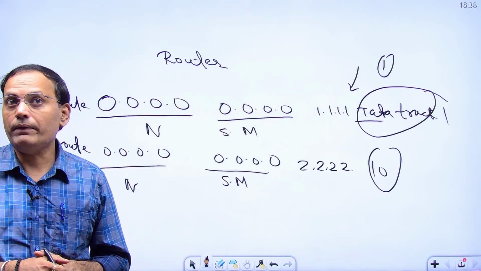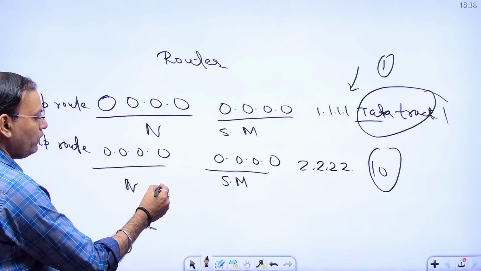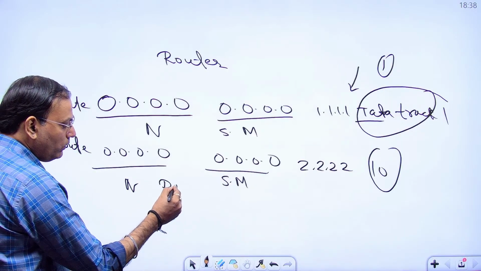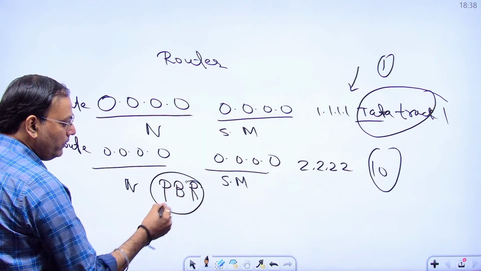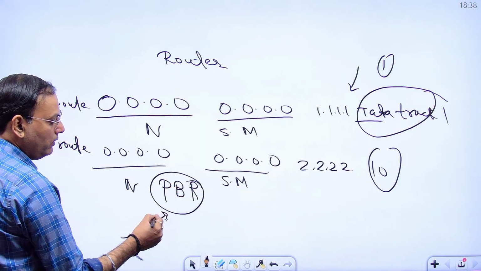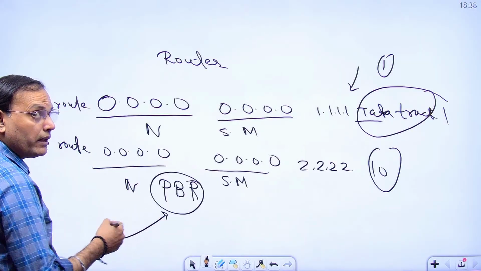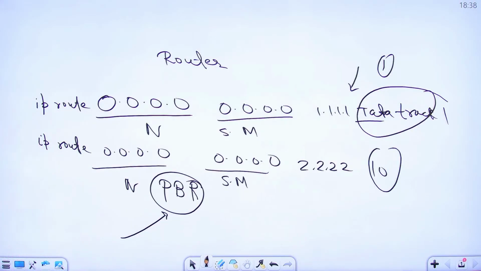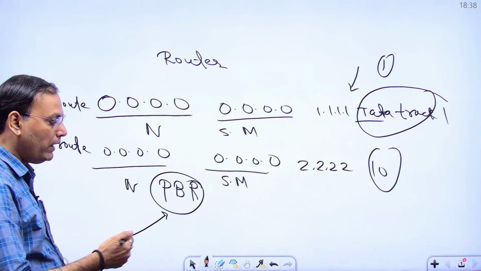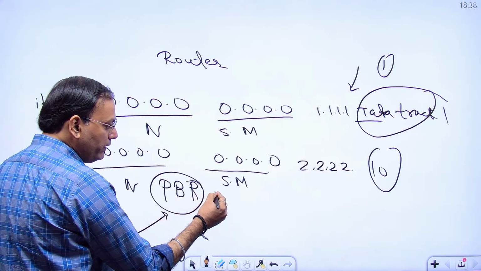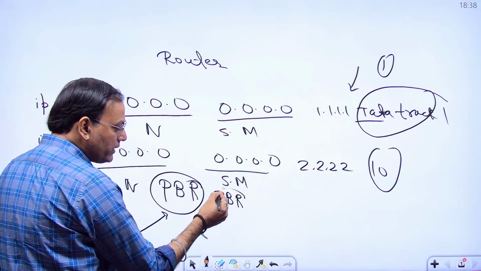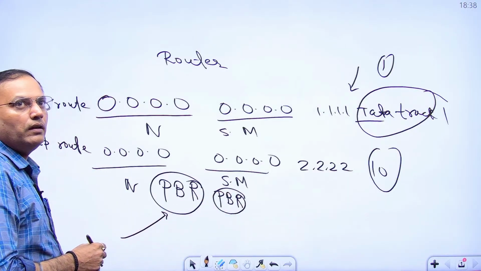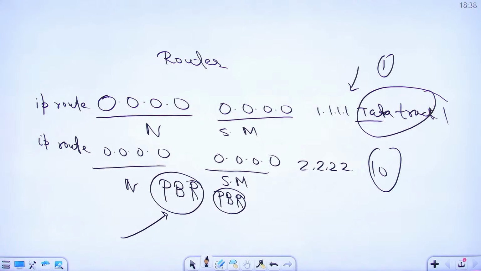But this will not happen in case you have configured your PBR. Even before your routing lookup, the router will check the PBR. The firewall will check the PBR too, and I will tell you the firewall part as well. The firewall will check policy based routing, and if policy based routing is configured, then the traffic will follow policy based routing.